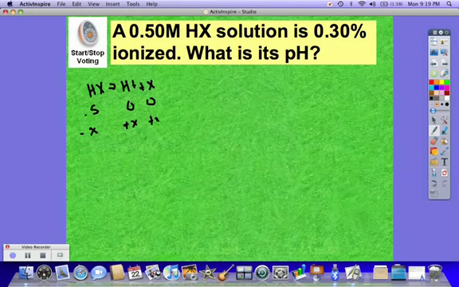So that should be X ion up on the top. So we have 0.5 minus X, X, and X. Again, they gave us the percent ionized, so we can solve for X. When we solve for X, that's our hydrogen ion concentration. So we'll be able to solve for pH.